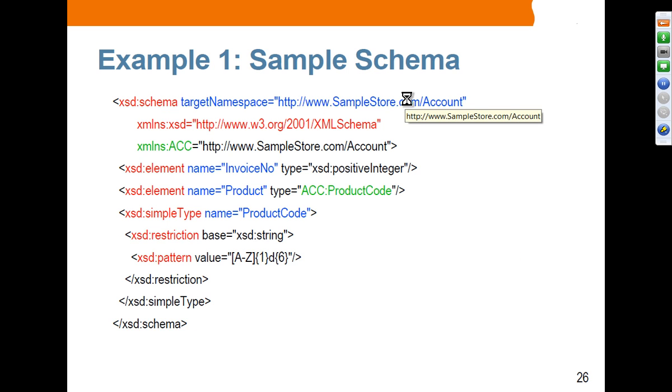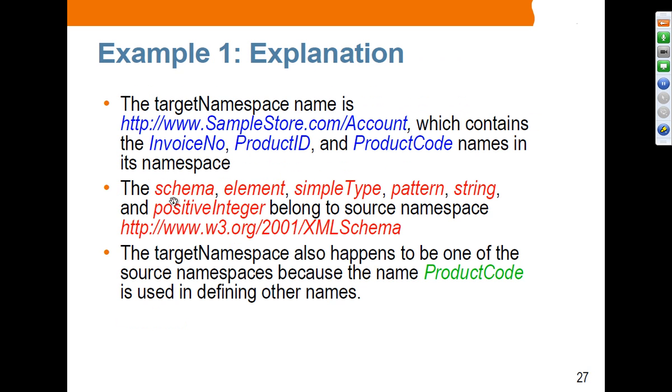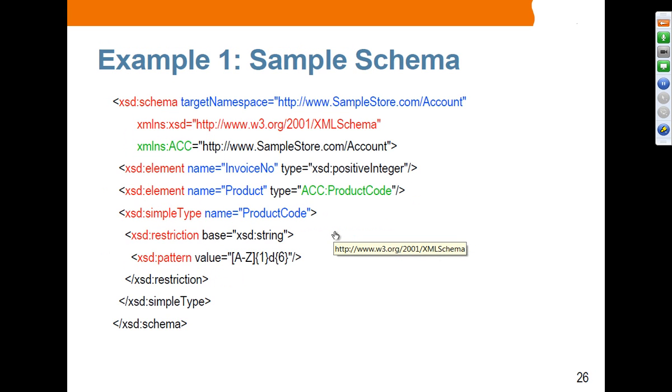Okay. Now, schema, these red colored things: schema, element, simple type, pattern, string, positive integer, they belong to the source namespace of this. So XML schema itself is an XML document, so it actually has to follow exactly the same rules that any XML document has to follow, meaning it does have its own namespaces.